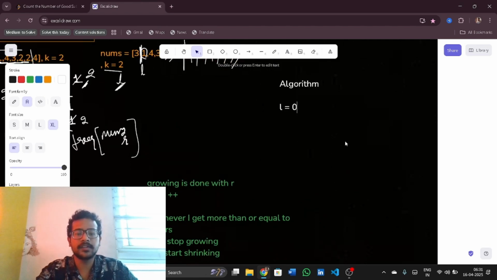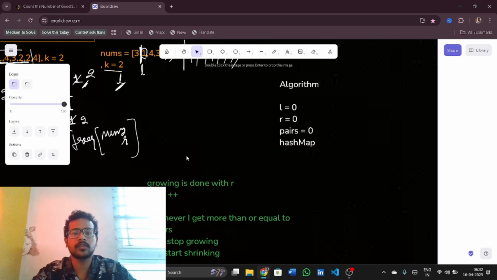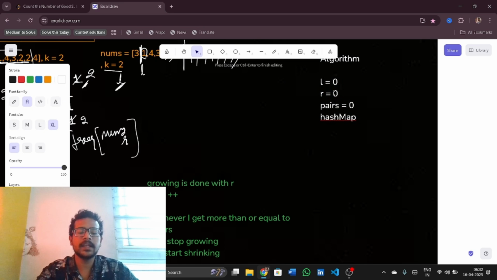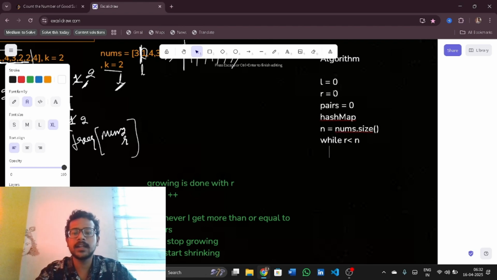Just left is equal to 0, right is equal to 0, pairs is equal to 0, and I have a hash map, and you can use a dictionary in Python if you are a Python user. Now what is something like while r is less than n, and n is nums dot size. While r is less than n, as I said, I will check for the nums of R frequency and add it to the number of pairs.